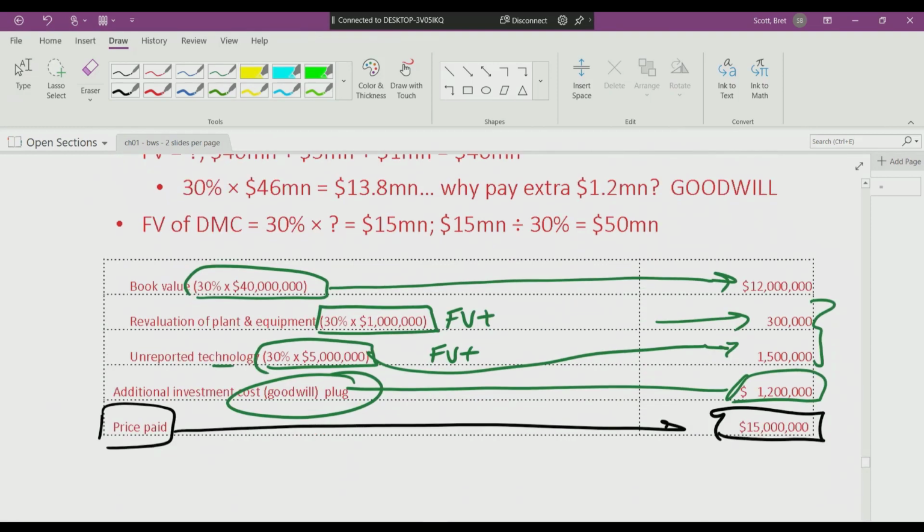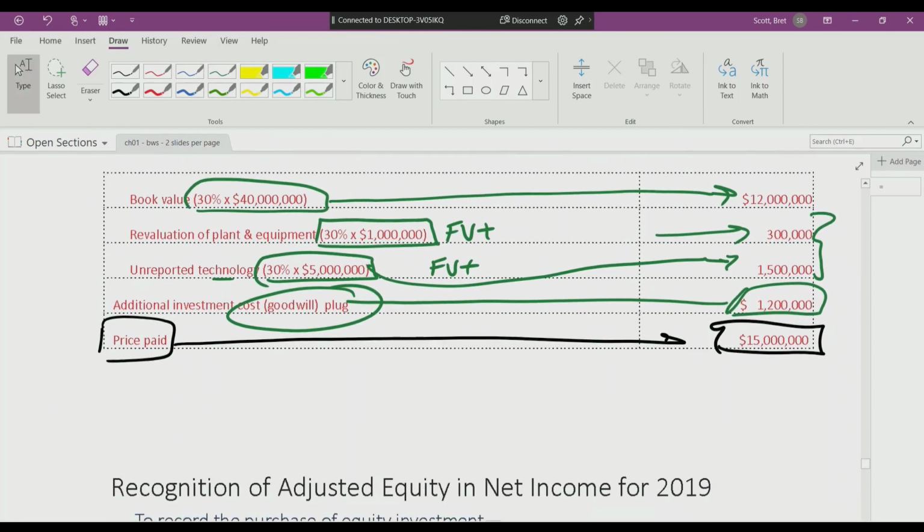So what this means, from an overall perspective, is that companies have their accounting books, their balance sheet. Their balance sheet shows book value, i.e. equity, in this case $40 million. And then we said there are some fair value adjustments in the upward direction that total another $6 million.